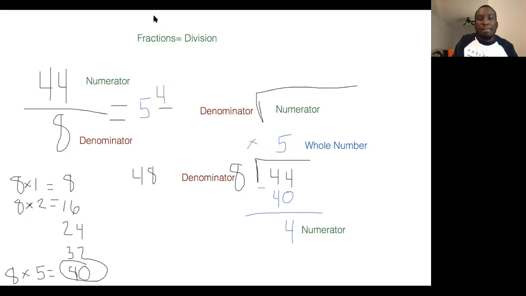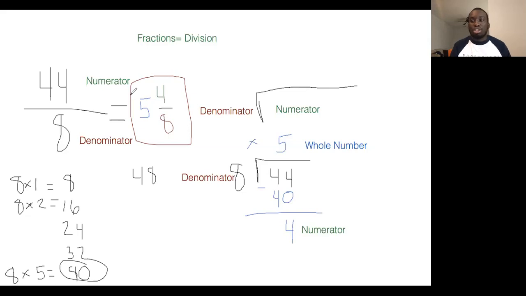And my denominator is 8. 5 and 4/8 is my answer. That is my answer. 5 and 4/8. I just converted an improper fraction into a mixed number.